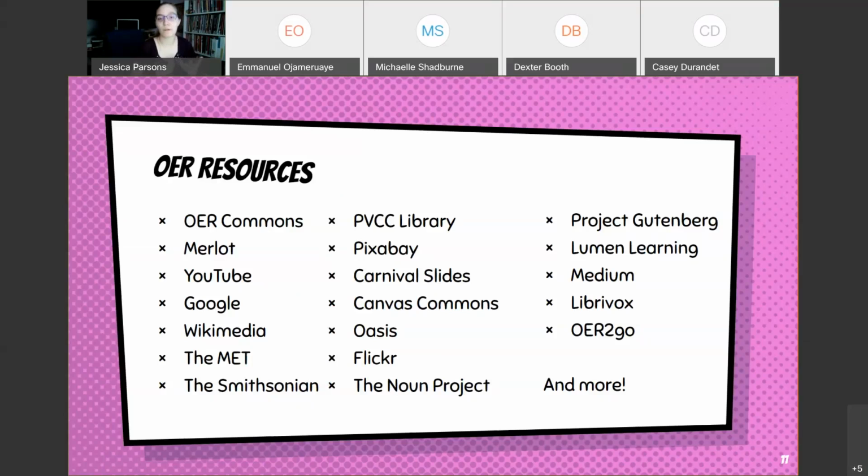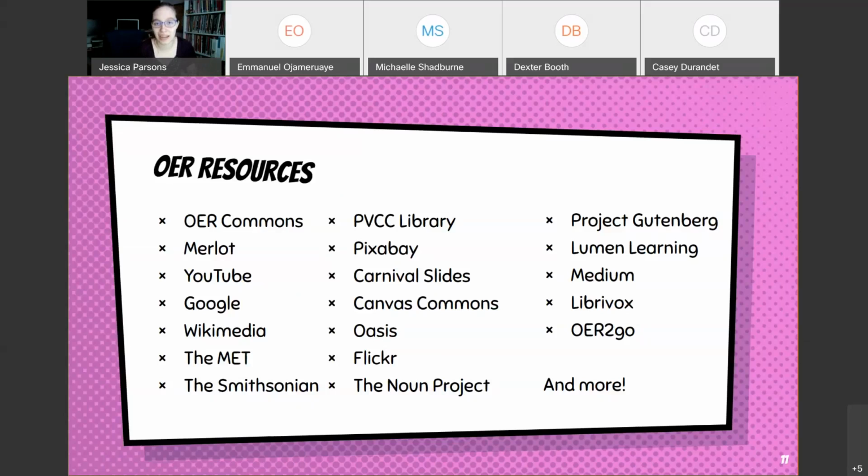Wikimedia, which is a version of Wikipedia, but it houses pictures and videos, especially for historical landmarks and buildings and events and artifacts as well. There's so much media there. The Met has actually created an online gallery full of lots of their amazing, beautiful artwork.